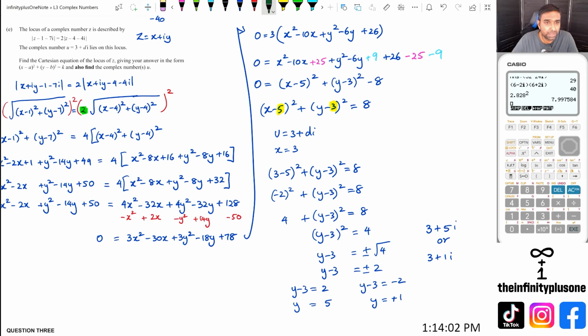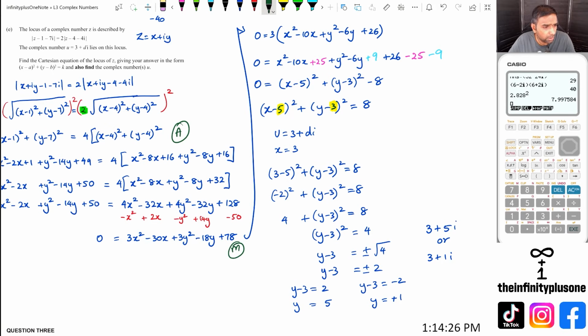So we've actually figured out what the two complex numbers are, and we've also given it in the Cartesian plane. So grades-wise, you get achieved here at this line, and then for merit is the 78 part.